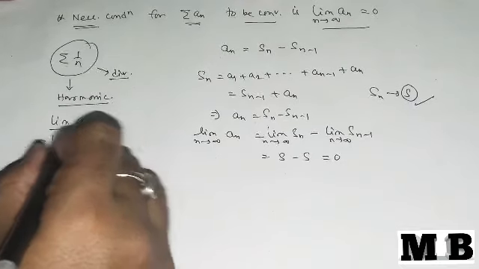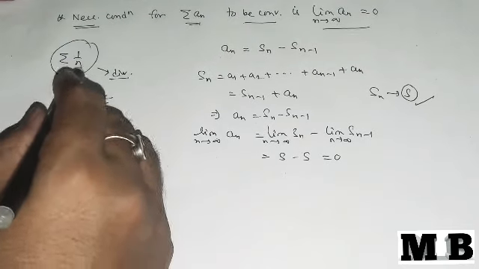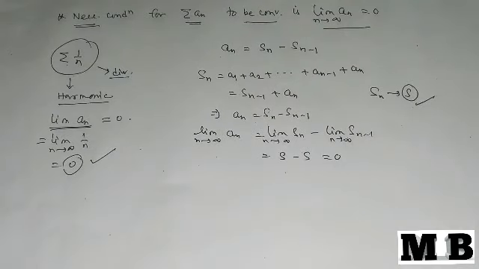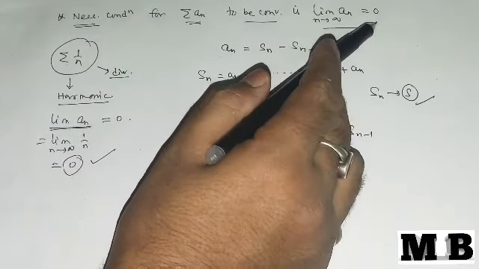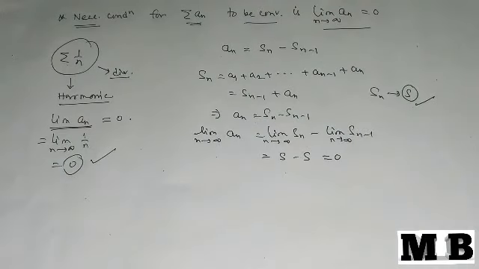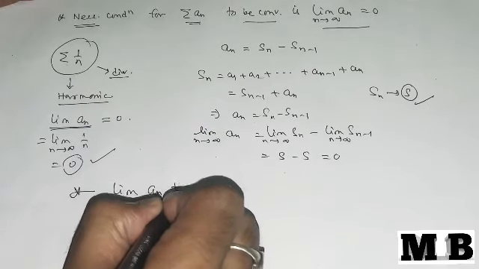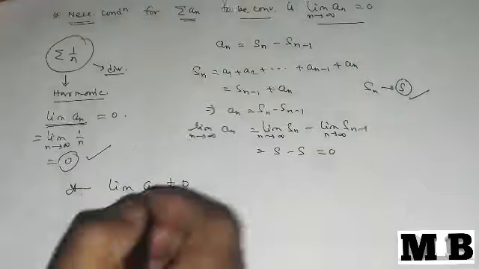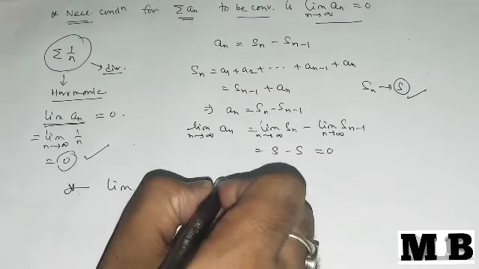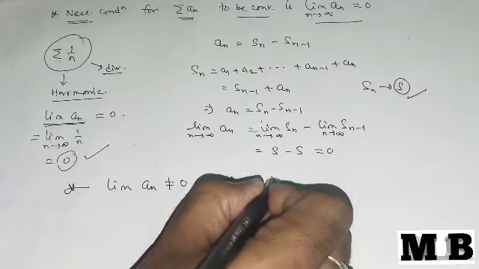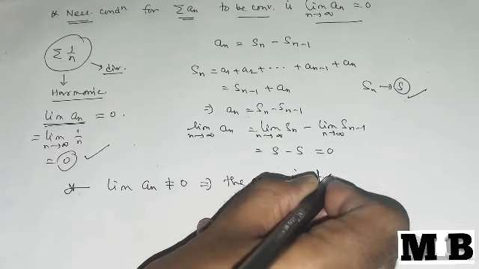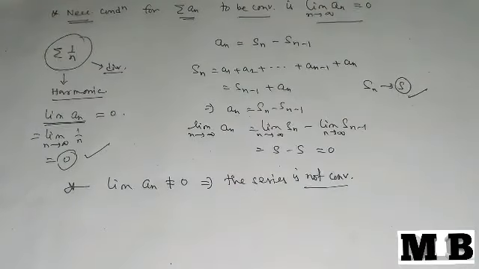So it equals 0 in this case, but the series is not convergent; it is in fact divergent. So whenever you have a series with the limit of an equal to 0, you cannot claim anything about convergence. For that you have to test. But in the contrapositive way, if the limit of the nth term is not equal to 0, immediately you can conclude that the series is not convergent. That's for sure.